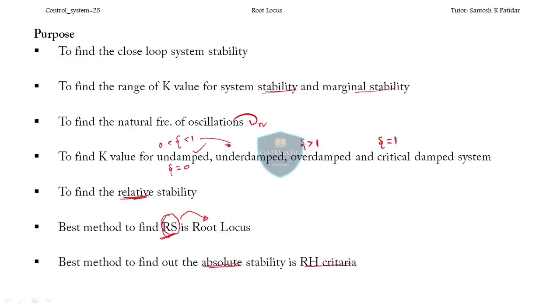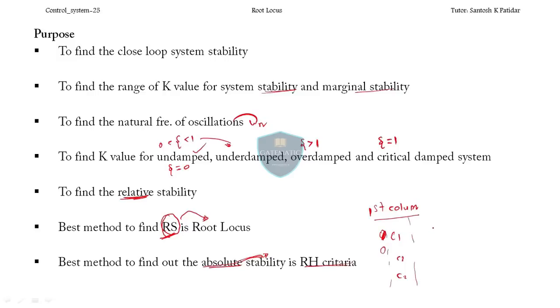What is absolute stability? In the absolute stability, we can directly come to the conclusion whether the system is stable or not. As we have seen in the first column of the RH table, we can analyze all this. Let me take C1, C2, C3, all the coefficients of the first column.